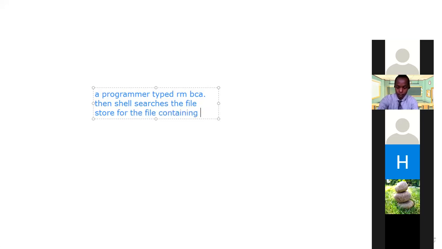containing the program remove. Ashish, you can take a screenshot for the program containing remove. This is rm. rm means remove a file, remove a particular file.